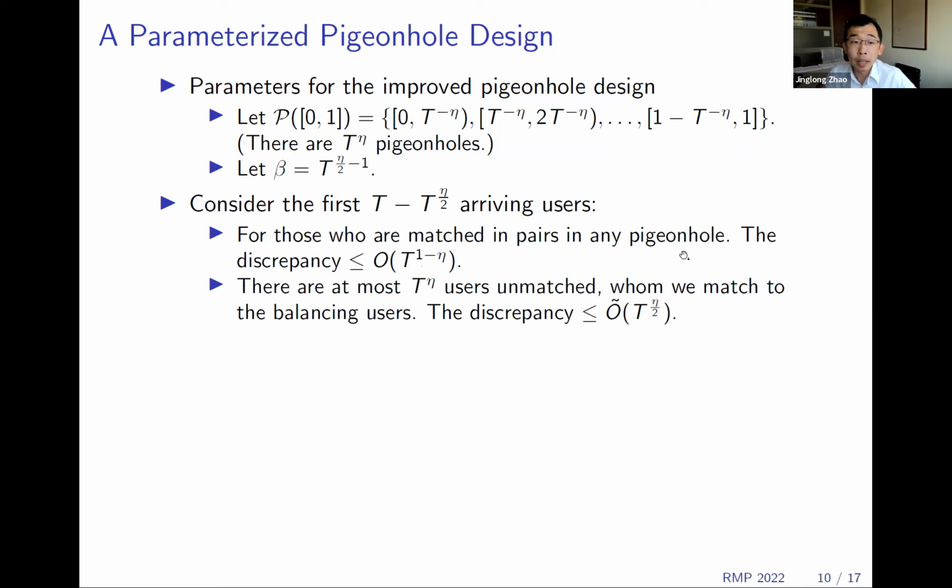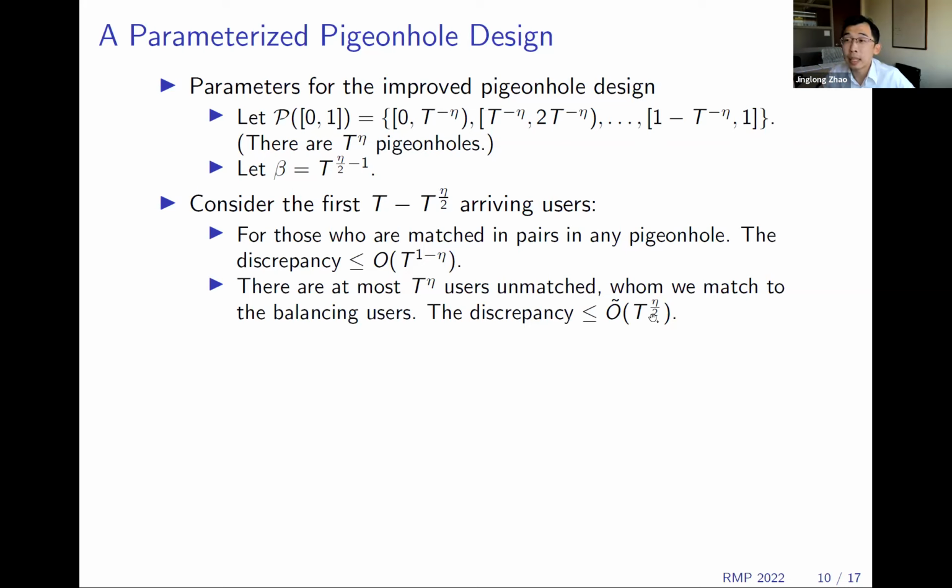On the other hand, there are at most t to the eta unmatched users because there are t to the eta pigeonholes here. For these users, we match them to the balancing users. And the discrepancy is going to be of this big.